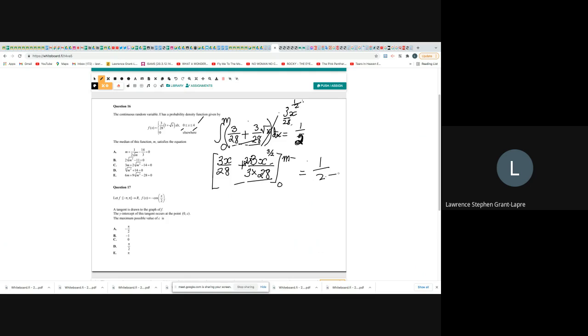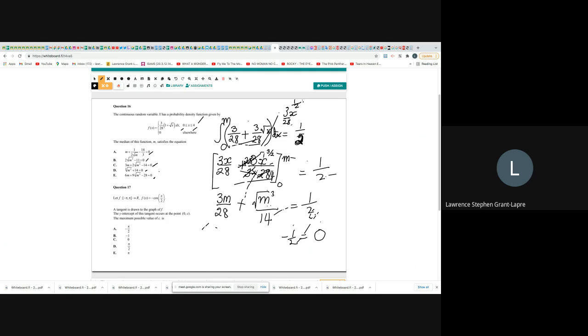If you substitute m in there, you'll get 3m over 28. If you cancel the 3s, 2 and 28 makes 14. So you're left with m to the 3 over 2, that's m cubed under a square root, equals a half. Let's bring the half across so it equals 0: minus a half, equals 0.